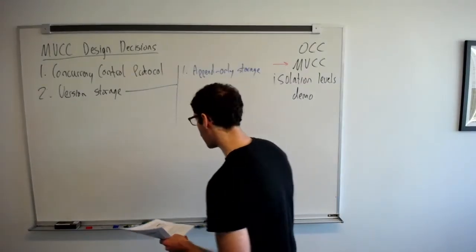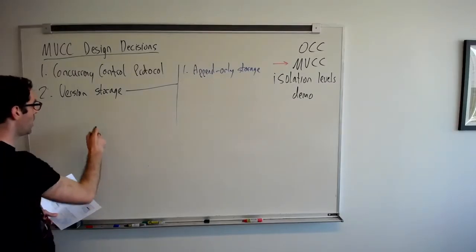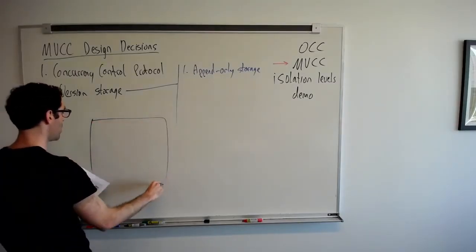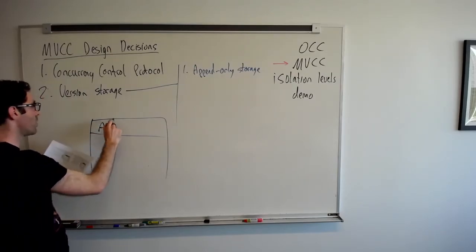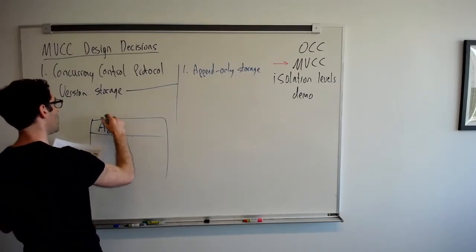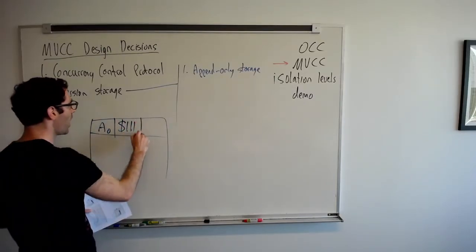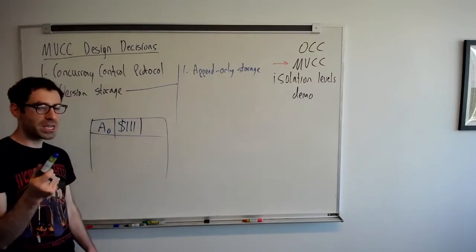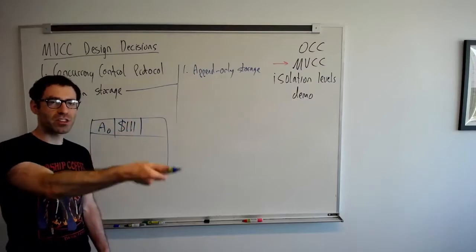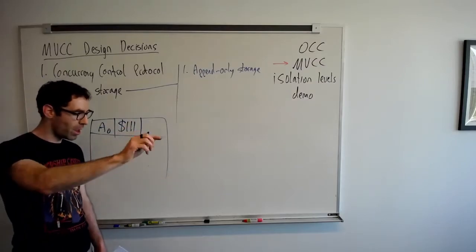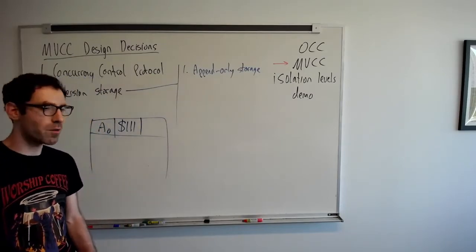So it would be as if we have our A0, and its value is $111, and then we're also going to maintain a pointer along with each version that tells us the next version, so we'll basically have a linked list of the different versions of a particular object.